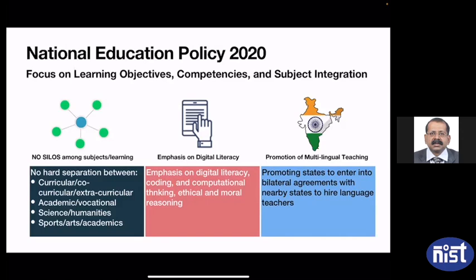The 3-language formula will be followed, but now at least 2 of the 3 languages have to be Indian or regional languages. It also talks of promoting states to enter into bilateral agreements with nearby states to hire language teachers, so that if a child wants to take proficiency in any of the regional languages given in the Constitution of India, that should be allowed at all schools.